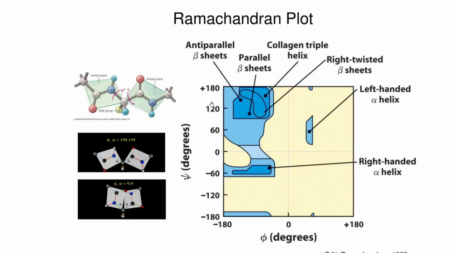Based on his helices and so on, he plotted the regions of these phi and psi angles, where you can see the permissible regions where different kinds of secondary structures can exist, and the non-permissible regions. For all these values of psi and phi angles in those regions, you won't be able to see a viable protein structure existing.